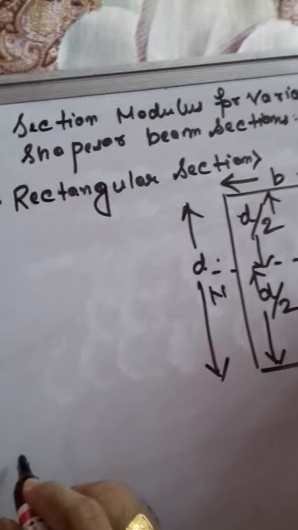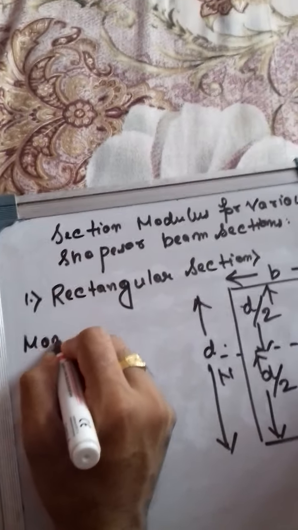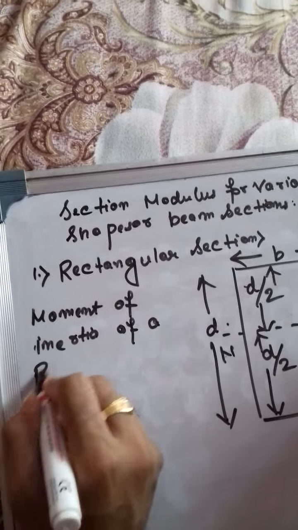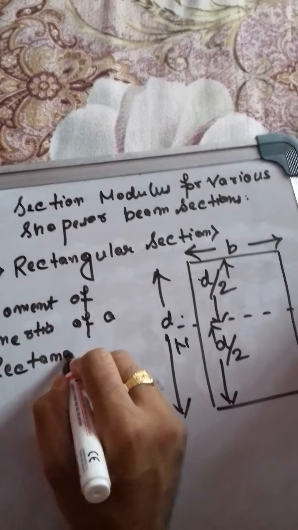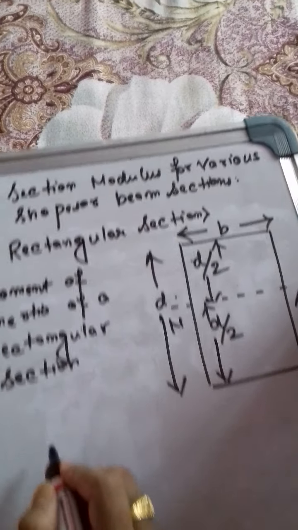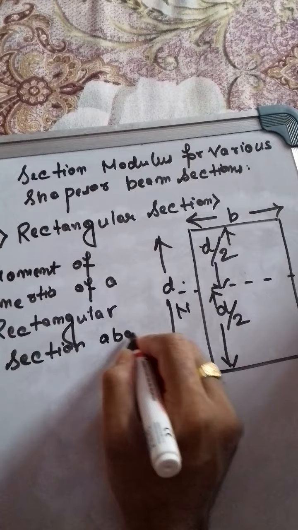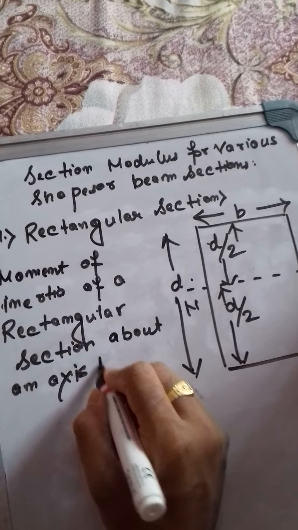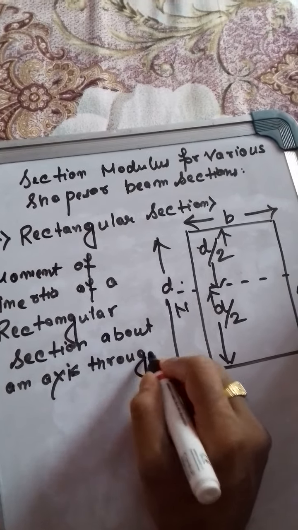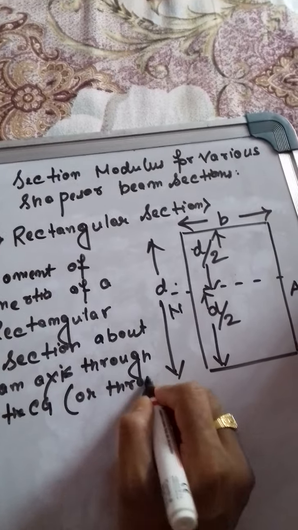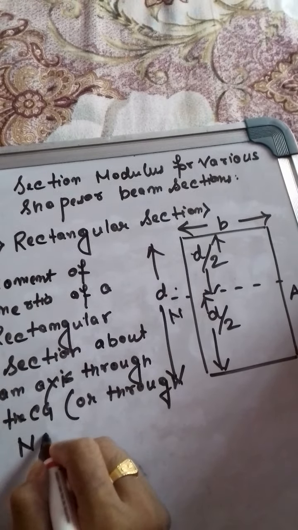Now we know the moment of inertia of a rectangular section about an axis through the CG, or in this case the CG is the neutral axis.